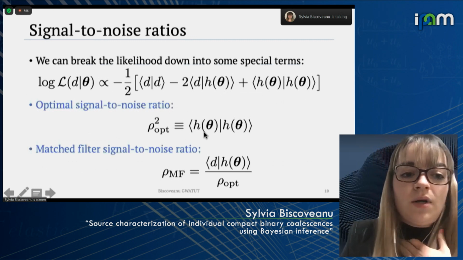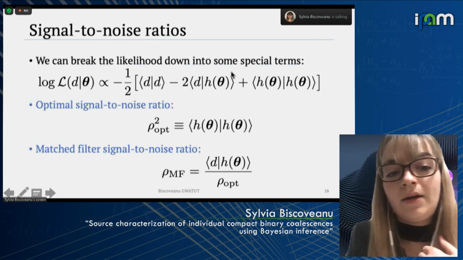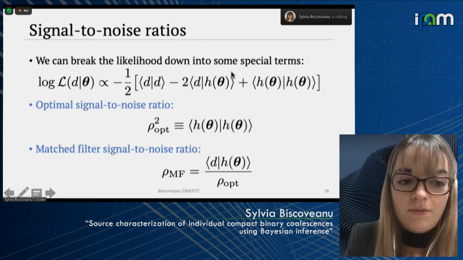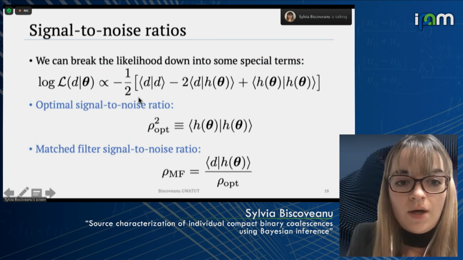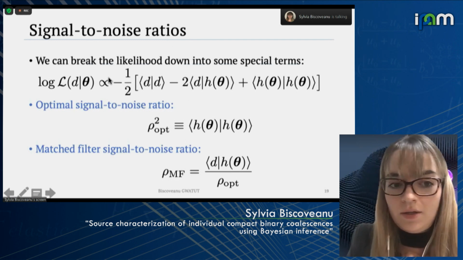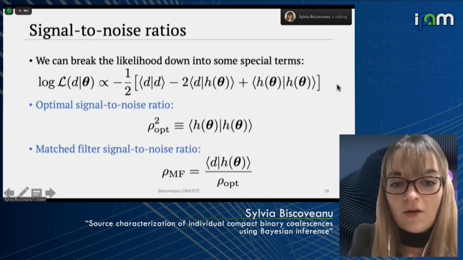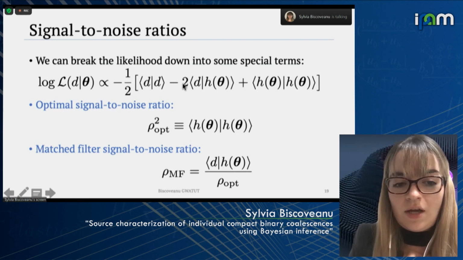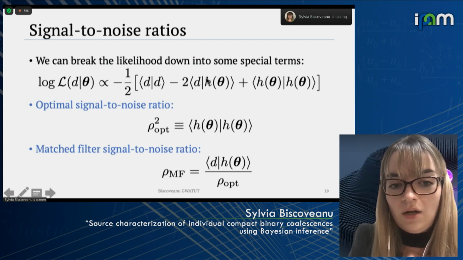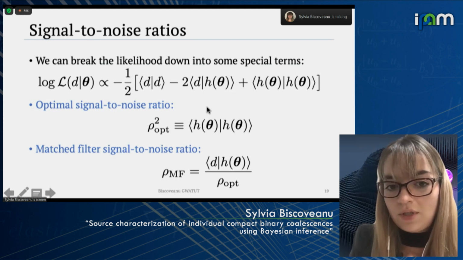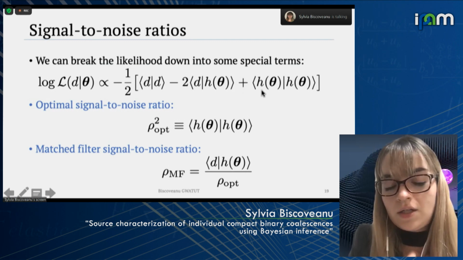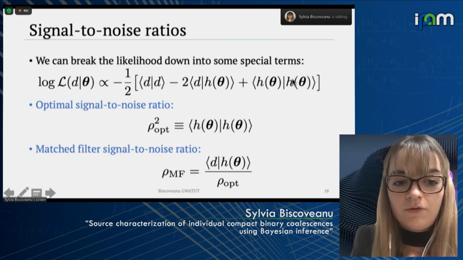Okay, and now we can expand that further and define some signal-to-noise ratios. If we expand the expression on the previous slide, we get 3 separate noise-weighted inner products. The first is the inner product of the data with itself. The second is the inner product of the data with the waveform or the signal model. And the third is the inner product of the signal with itself.